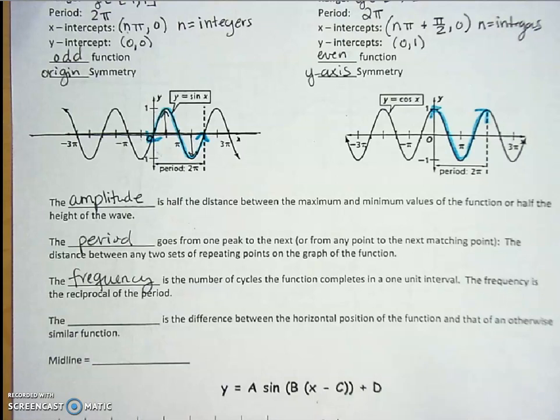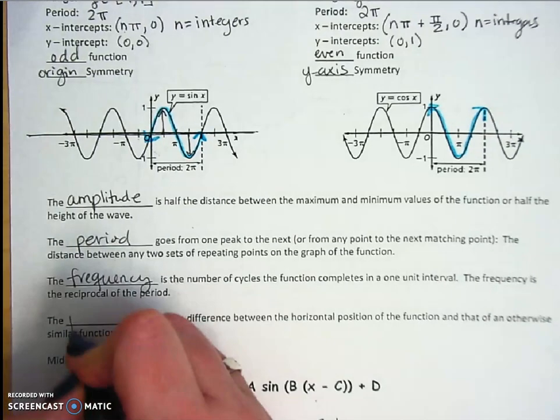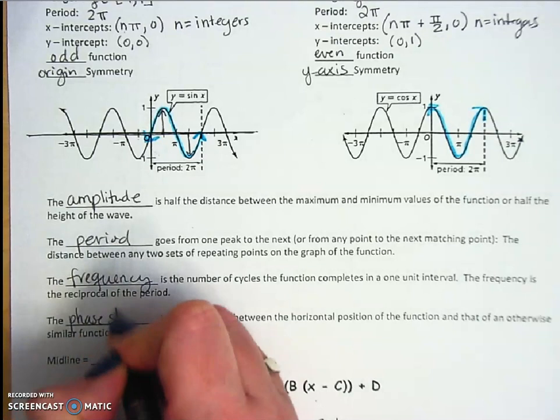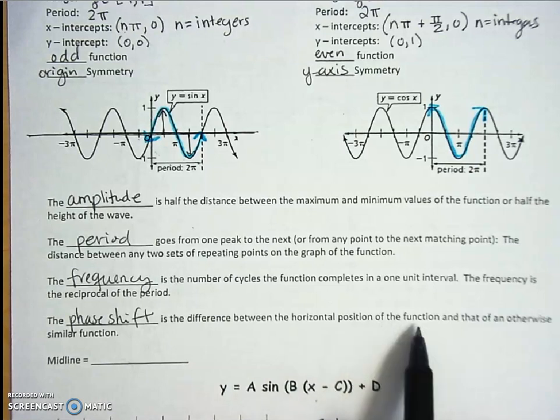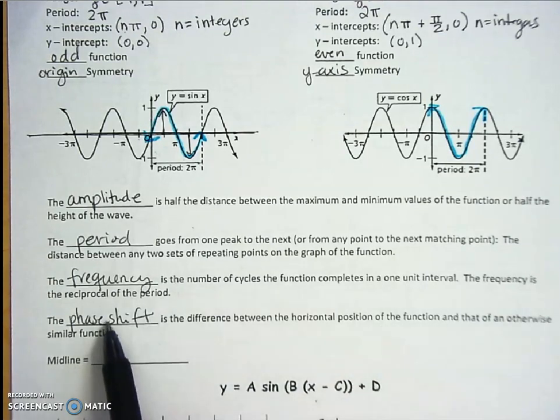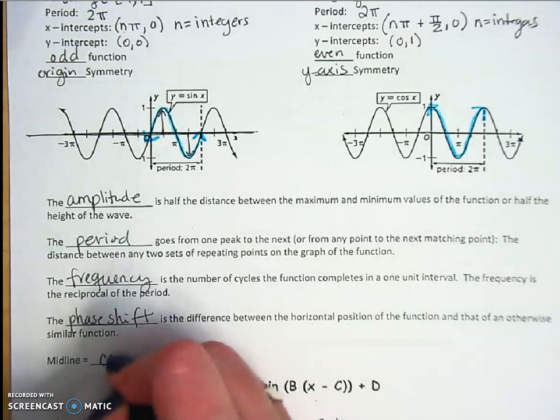It would have a frequency of 2. The phase shift is the difference between the horizontal position of the function and that of an otherwise similar function. So this is basically the horizontal shift. And then the midline is the center line.